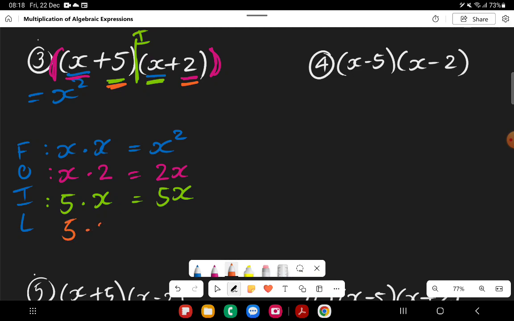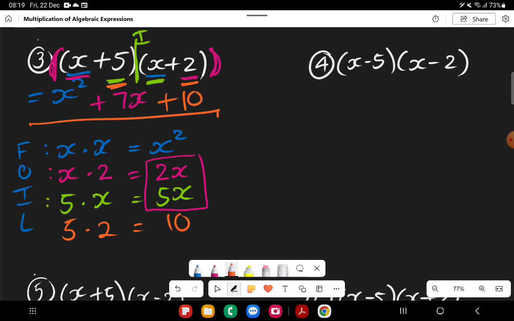So 5 times 2, which is going to be 10. So if I take these two together and I add them, 2x plus 5x gives me plus 7x. And my last one is going to be plus 10. And that, ladies and gentlemen, is the answer to this question. There we go. Let's do question 4.